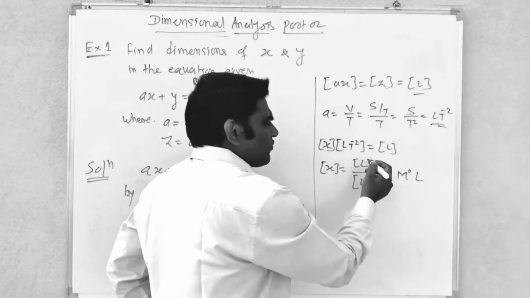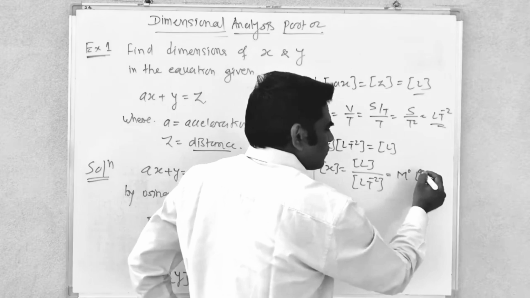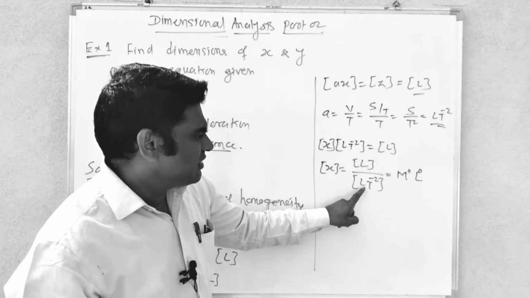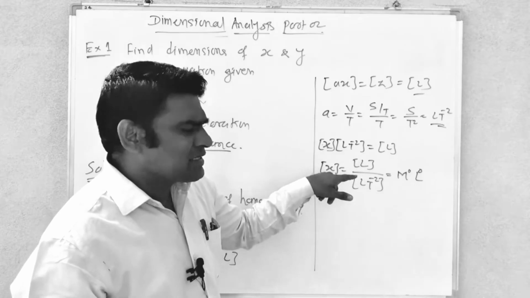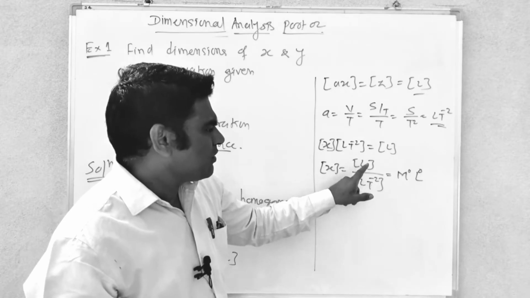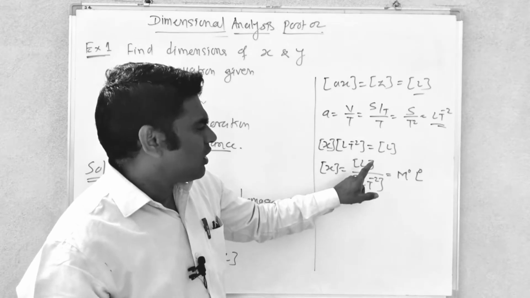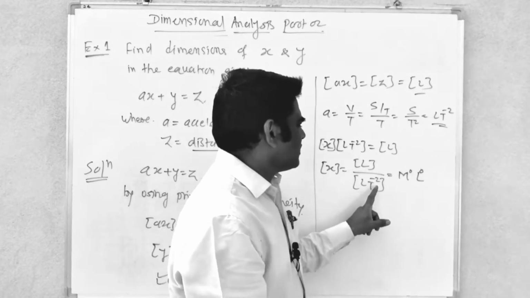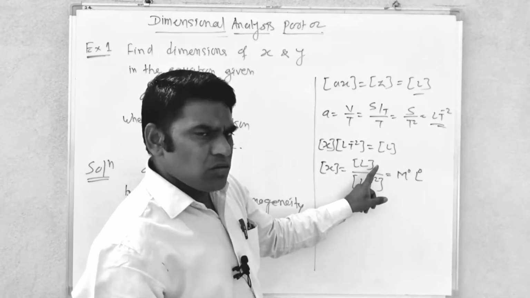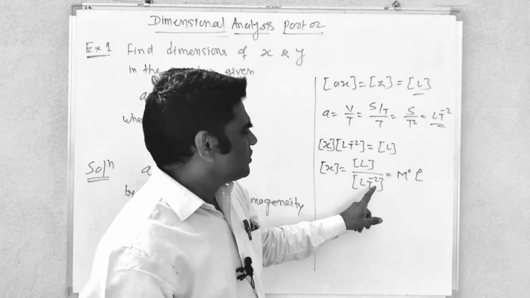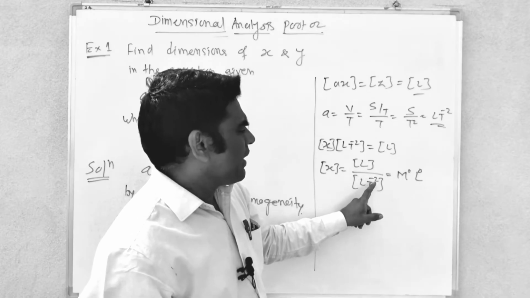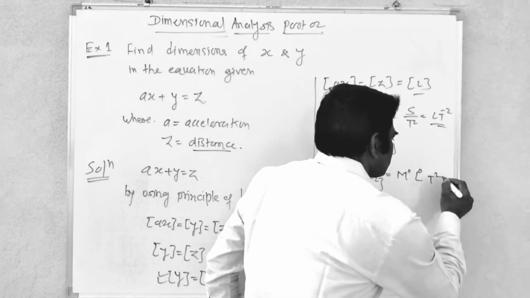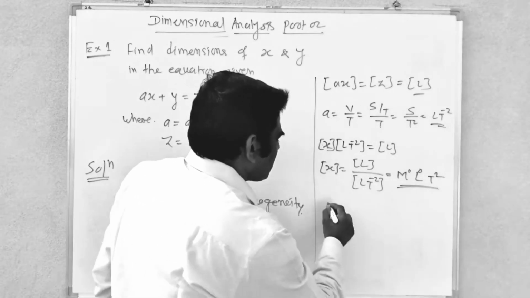L to the power 1 minus 1, 0. Then t: there is no t in the numerator, so it will be 0, and the minus becomes plus, 0 plus 2. So t to the power 2. So what is the dimension of x?